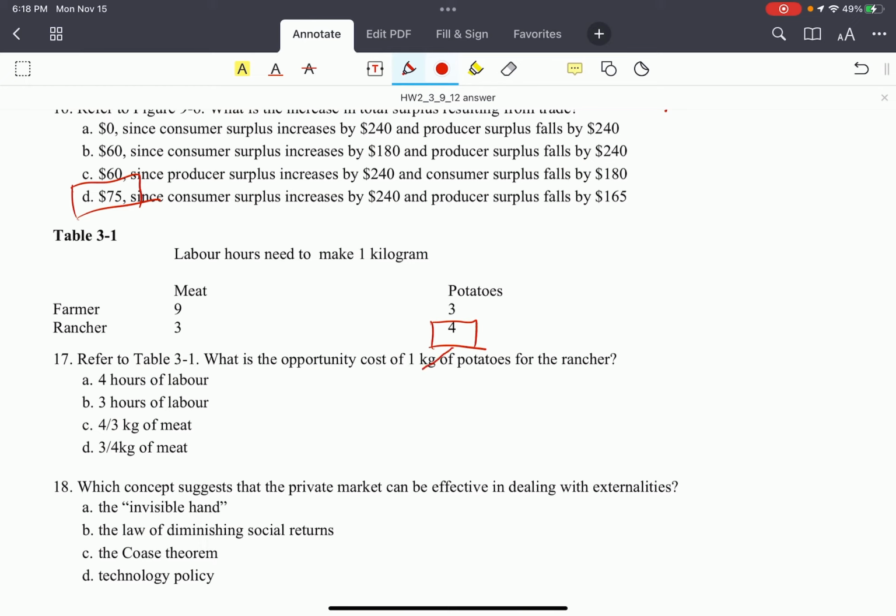With these 4 hours, she could produce 4/3 kilograms of meat, which means the opportunity cost of 1 kilogram of potatoes is 4/3 kilograms of meat.